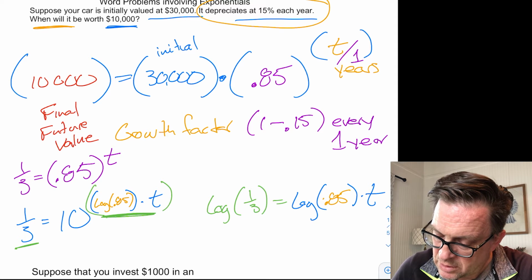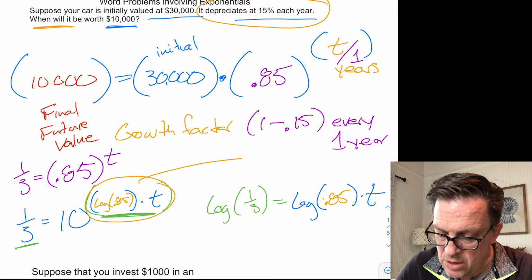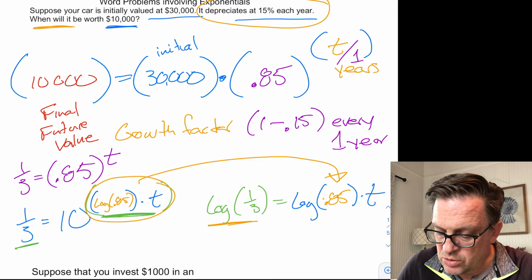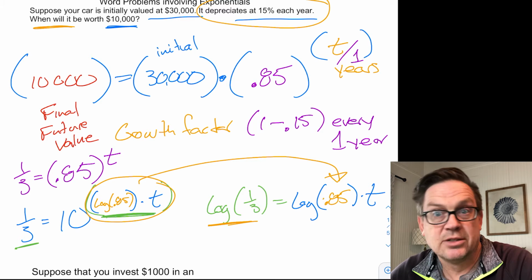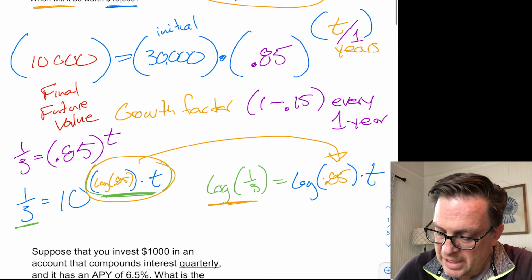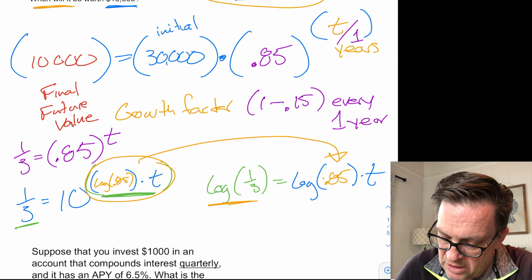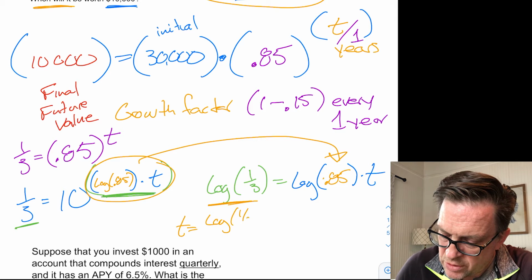So what happens is that power is equal to the log of 1/3, because the log of 1/3 is the power you need to raise 10 to get 1/3. So it's kind of an almost circular thing here. And then you can solve that: t ends up being the log of 1/3 over the log of 0.85.